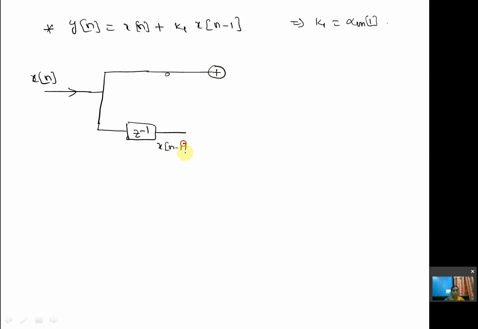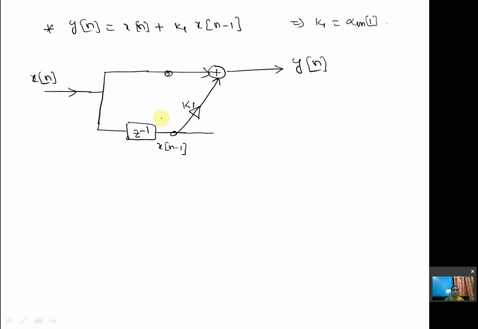X of n minus 1. Am I correct? Right. And here is x of n, which is added to the x of n minus 1 into k1. Then you can get the y of n. How simple it is. See this, right?